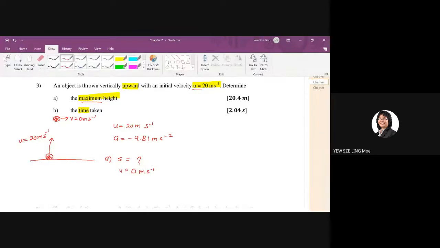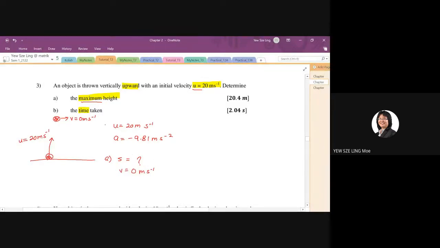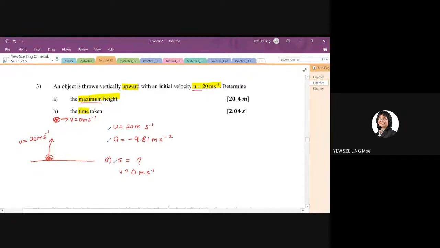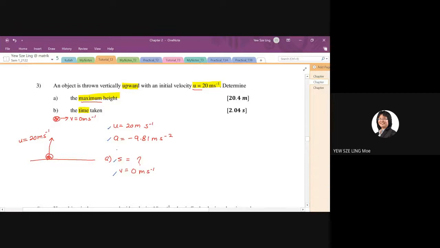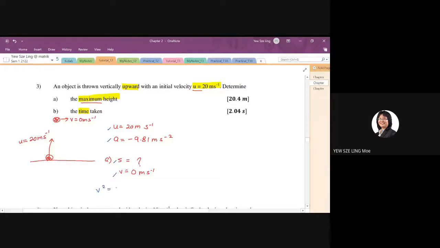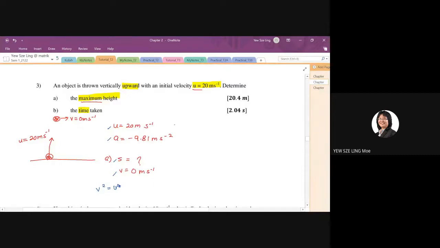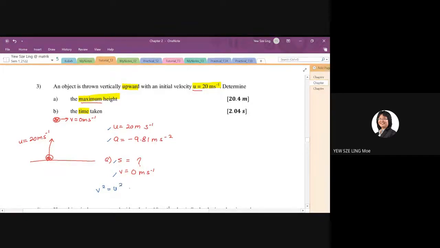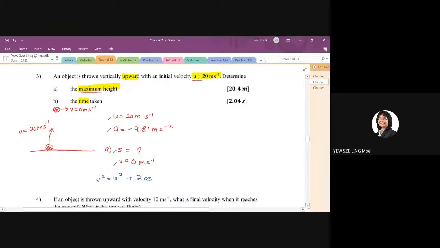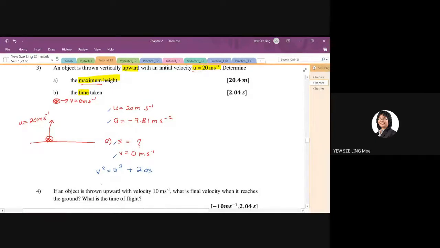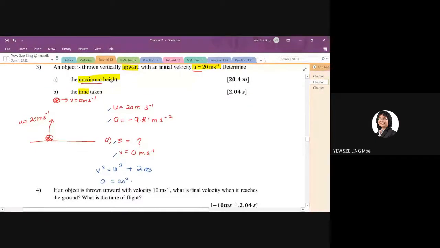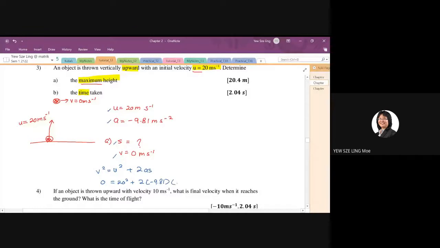Now, do we have enough information to solve this question? Yes, we do. We have u, a, s, and v. We need an equation that contains these 4 variables. The equation is v² = u² + 2as. The v that we have is 0, so 0 = 20² + 2 × (−9.81) × s.